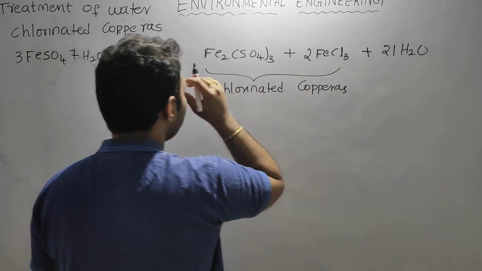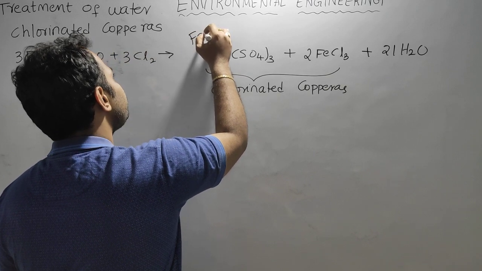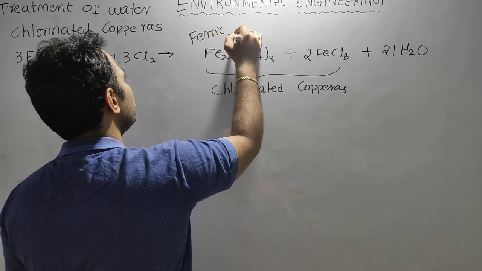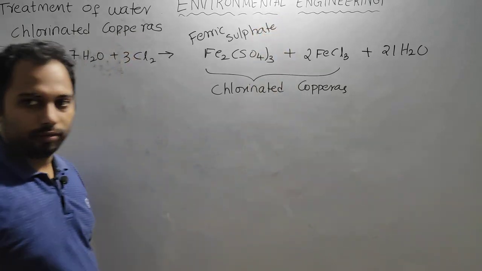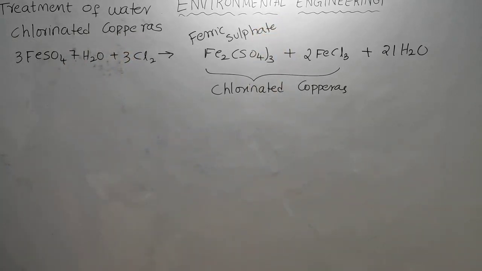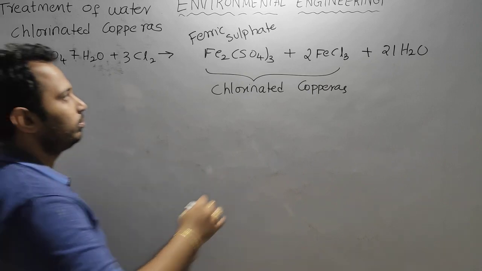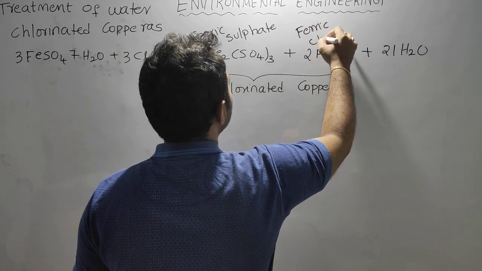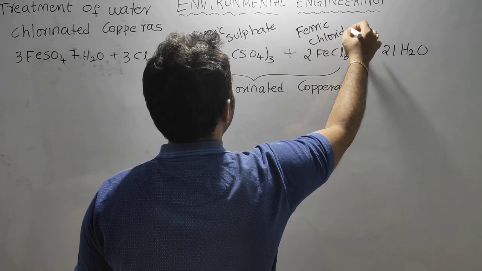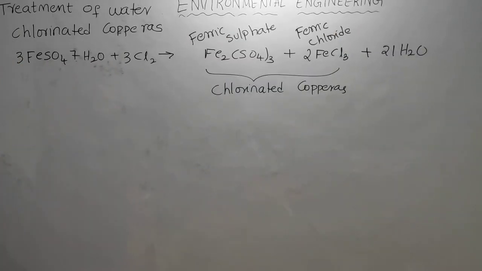So this is ferric sulfate and ferric chloride. These two combined are called chlorinated copperas.